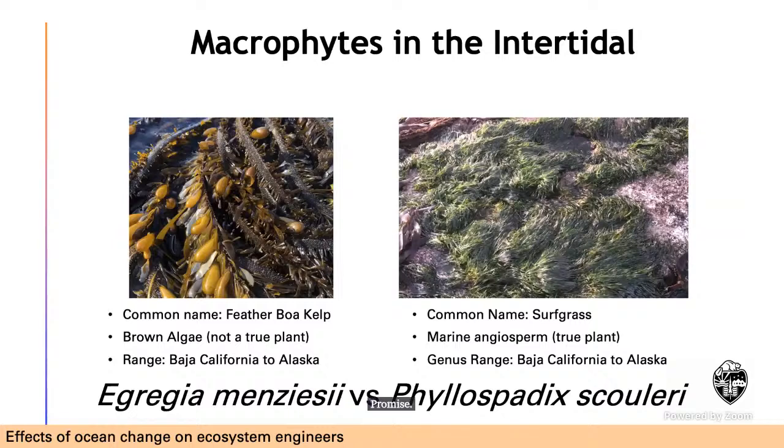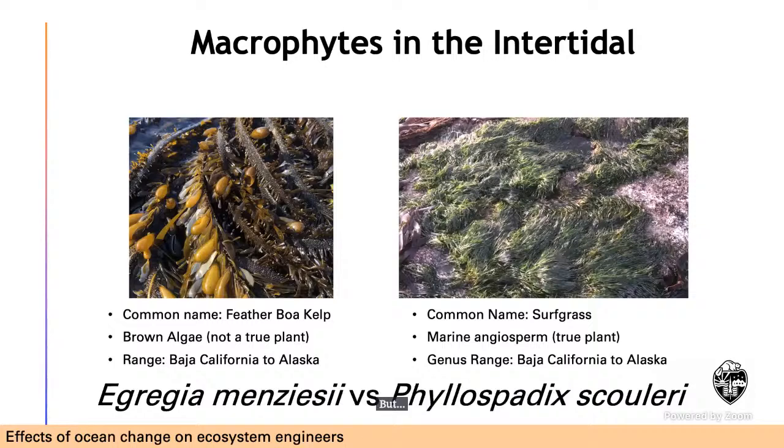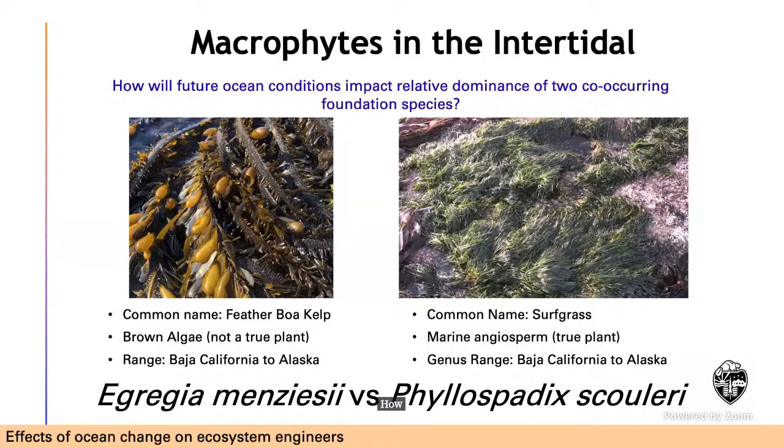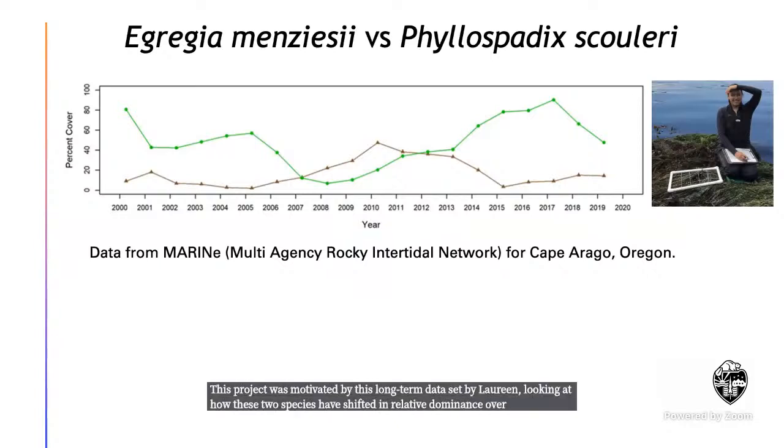I promised to talk about macrophytes in the intertidal, but I only have a couple minutes left. But we are looking at surf grass, Phyllospadix. How will future ocean conditions impact the relative dominance of these two co-occurring foundation species? This project was motivated by this long-term data set looking at how these two species change.